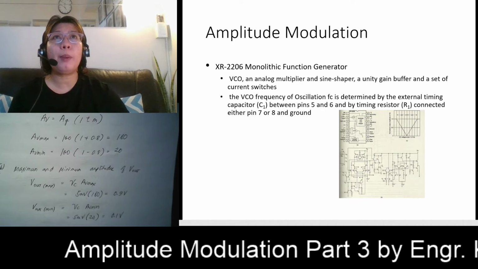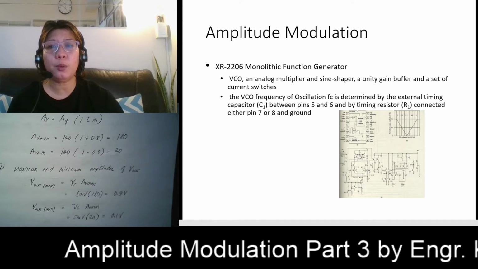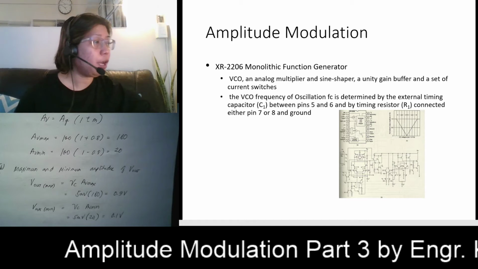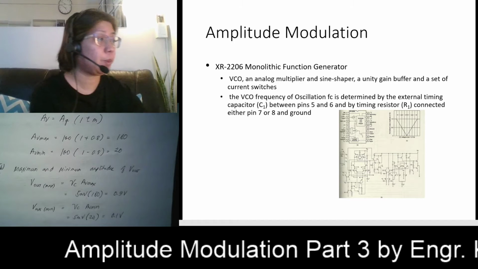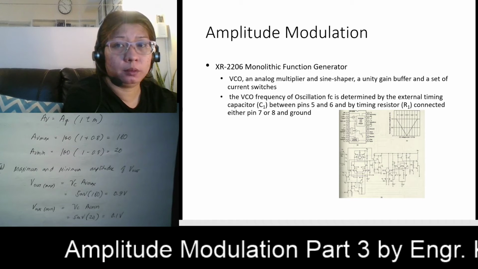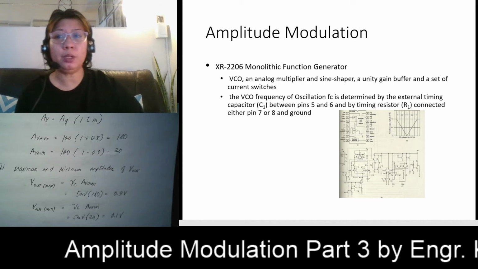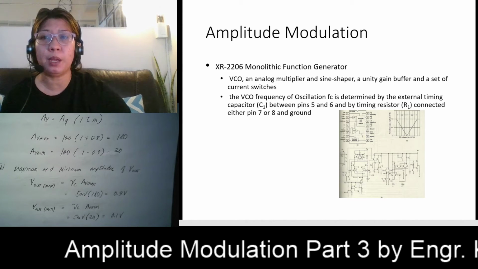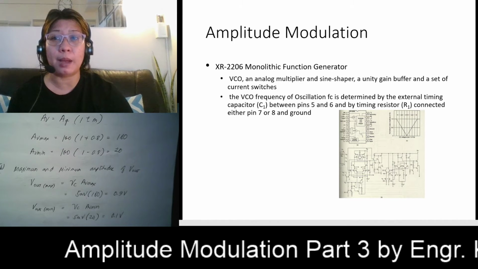So that capacitor C1 and resistor R1 will determine the carrier frequency of your function generator. The carrier frequency is given by the formula FC is equal to 1 over R1 multiplied by C1.